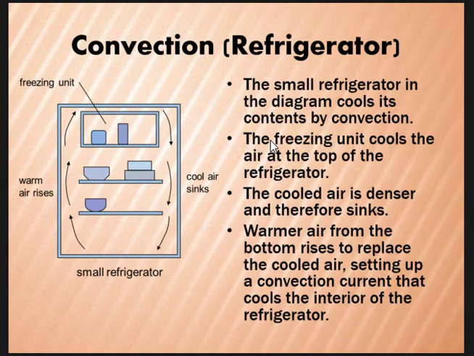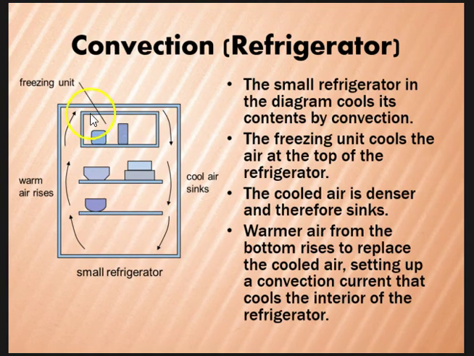So far, we have discussed how convection current is formed to heat up fluids, either liquid or gas. Well, can convection current be formed to cool down fluids? You bet it can. This happens in our fridge. How do we cool the inside of a fridge? The small refrigerator here in the diagram cools its contents by convection.